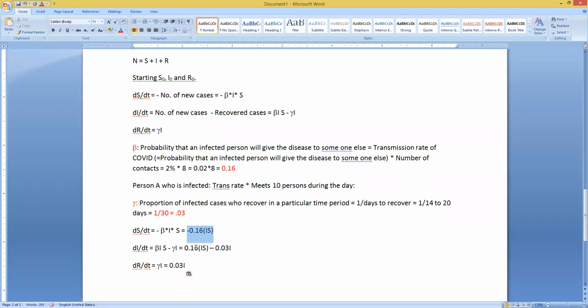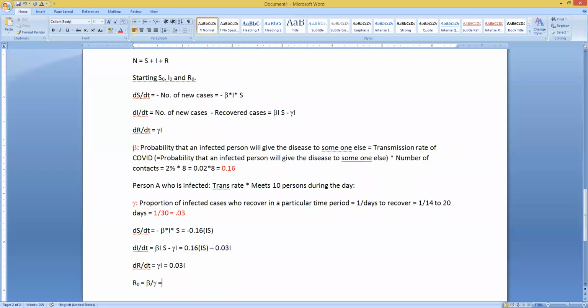So now we had certain parameters, beta and gamma, and we have defined both. Now, if we have these parameters, we can also define something called rho naught, which is given by beta by gamma.